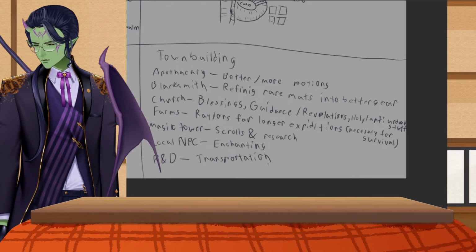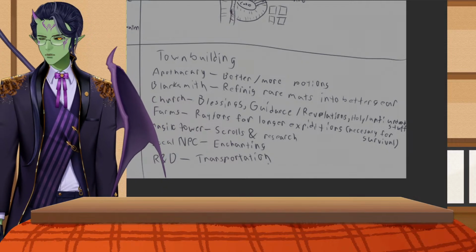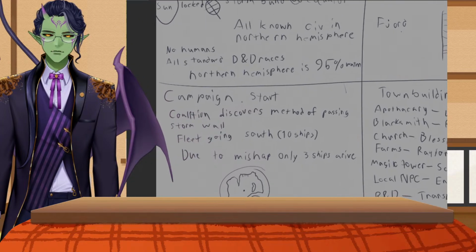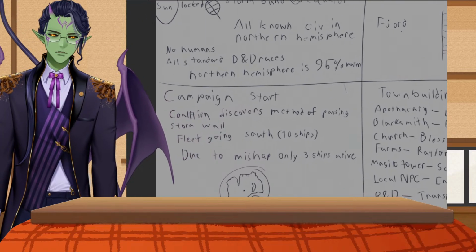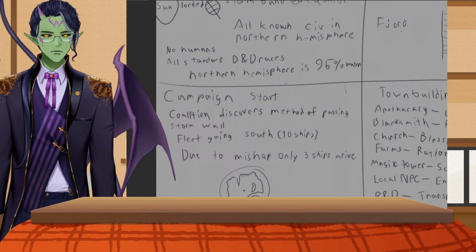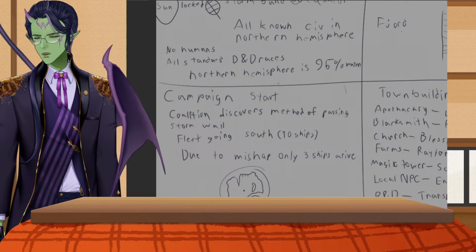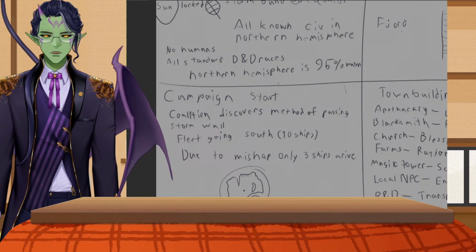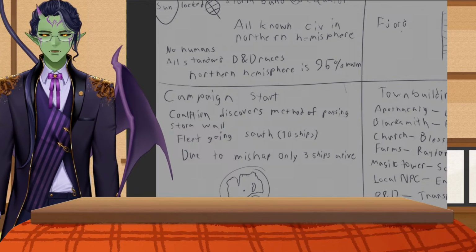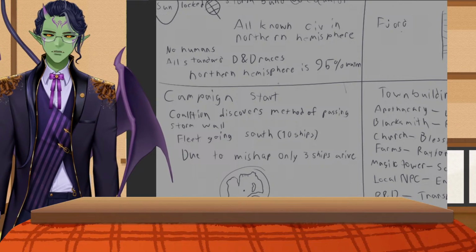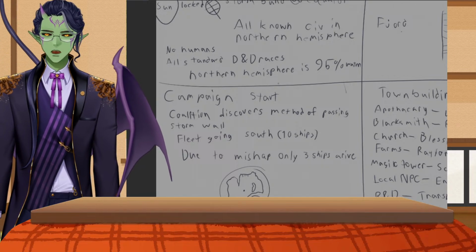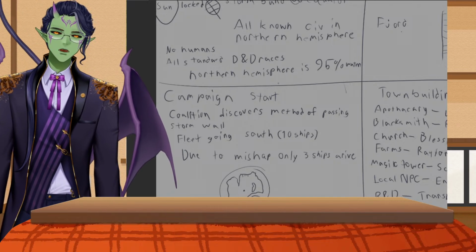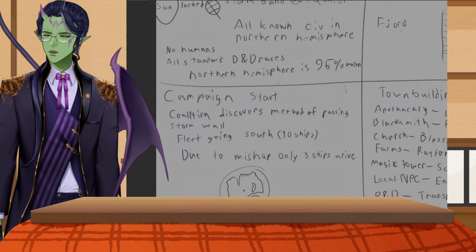So, the reason that I had it so that the northern hemisphere is 95% water is because nobody in the northern hemisphere is part of a society that would have built robust, land-based transportation. Since everyone is on relatively small islands, most transportation would have been sea-based.